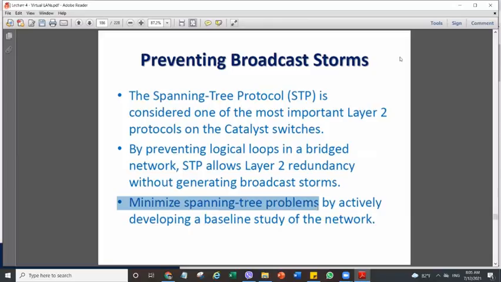So with baseline study of the network, that means what is the actual purpose of the network, and how frequently we have to introduce the BPDUs, likewise specific details, to have an improved network, we configure manually, right?